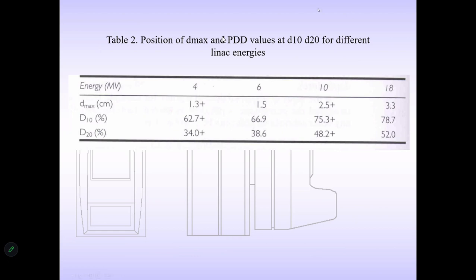So we put our ion chamber at a depth of 10 centimeters. Then the value we get, we divide it by a factor, which is the percent depth dose.